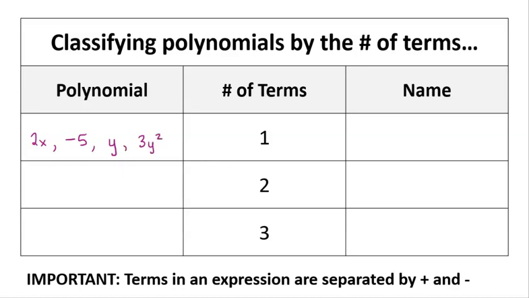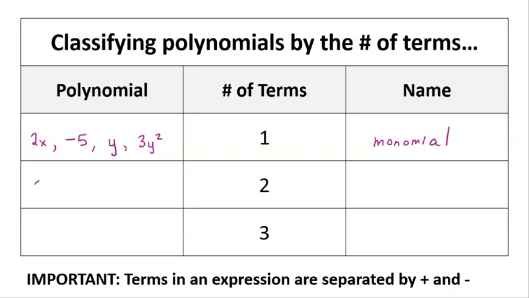3y squared. Any one of those would be classified as a monomial. Mono means one, and so there's only one term if we only have 2x or -5 or y or 3y squared. That's only one term. So two terms means that we would be combining them using an addition or subtraction sign, and there would be two of those.